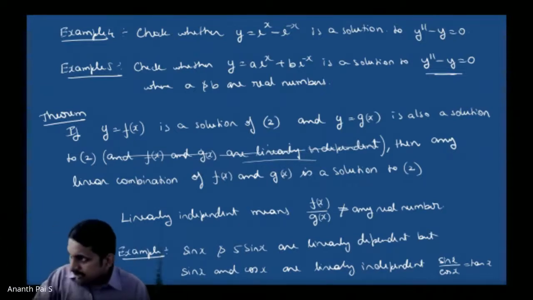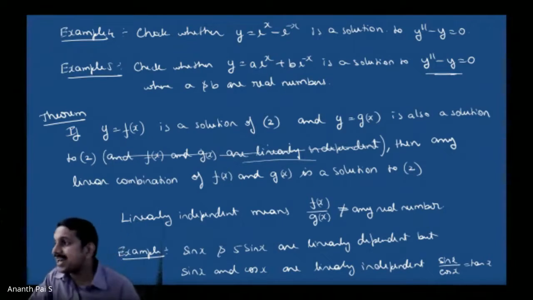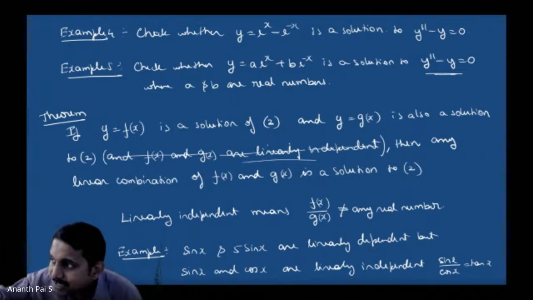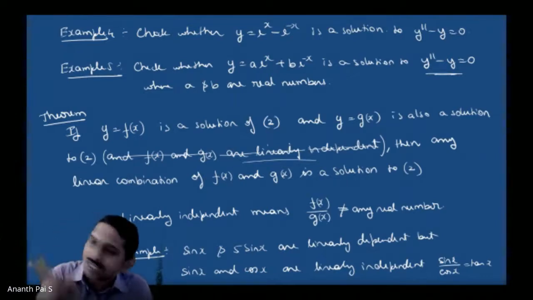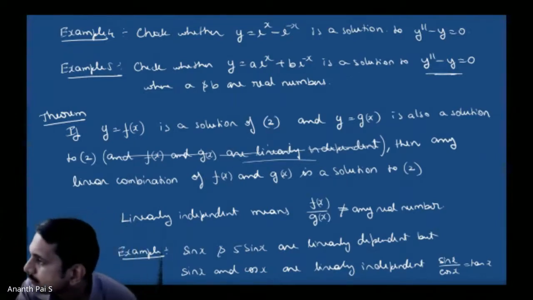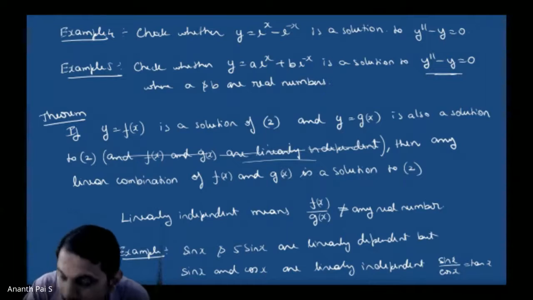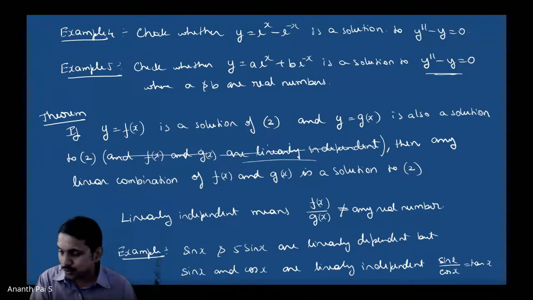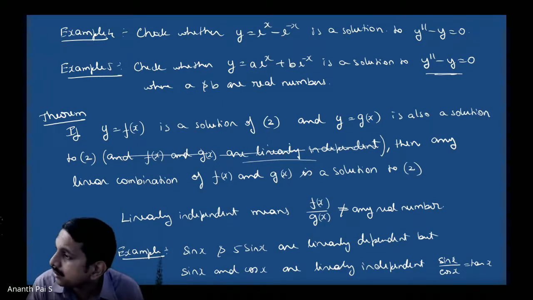E power x and 5 e power x are linearly dependent, but e power x plus 5 e power x is a solution to that equation. So for a linear combination of two functions to be a solution, it need not be linearly independent. I hope you get the point.